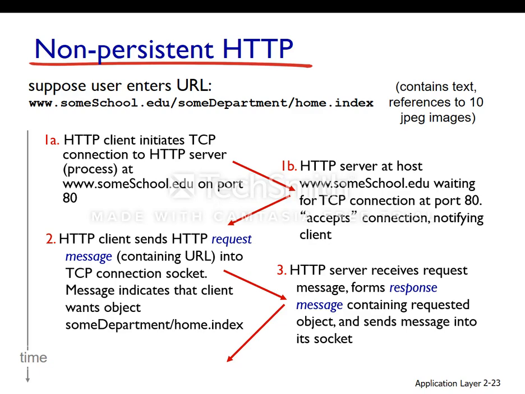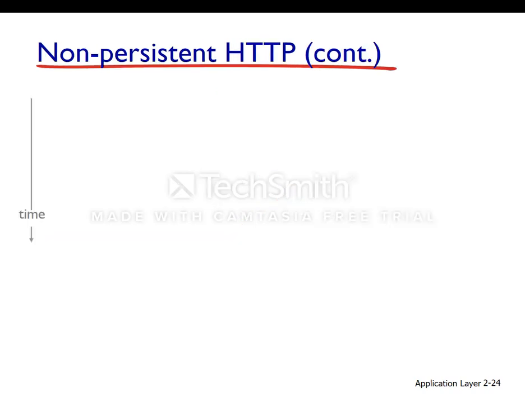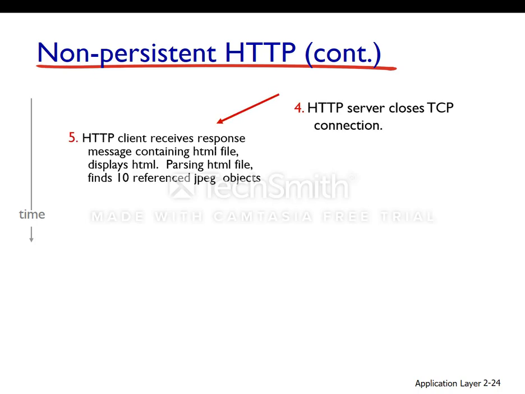So the HTTP server receives that request message. It forms a response message, which would contain the requested object, and it sends that message into its socket. Now, once it does that with non-persistent HTTP, the HTTP server closes the TCP connection. At some point, then the HTTP client will receive the response message.